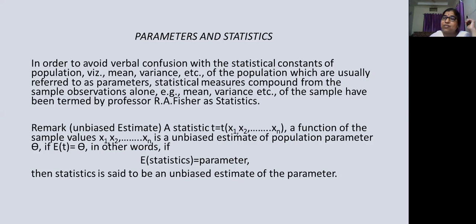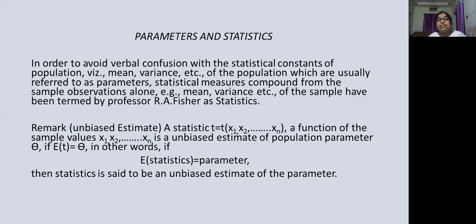Now I said that for the population, they did not find out the average of 300 people. That is mu, they did not find out. But they have taken a sample of size small n equals 50 and found out the average of these 50 students, and that average of 50 students they called small x bar, and that we call a statistic.